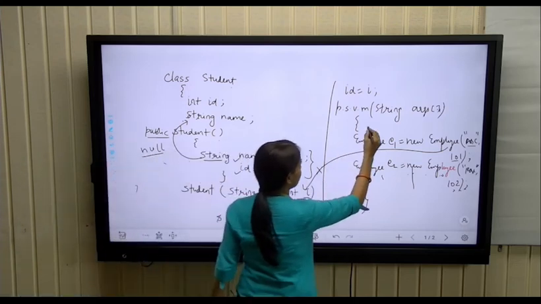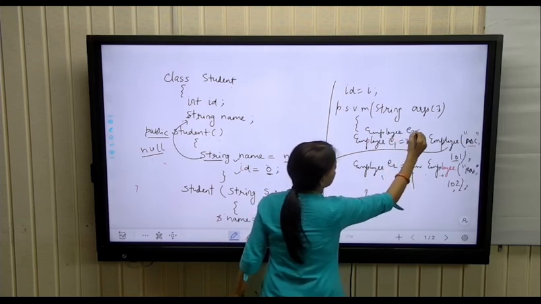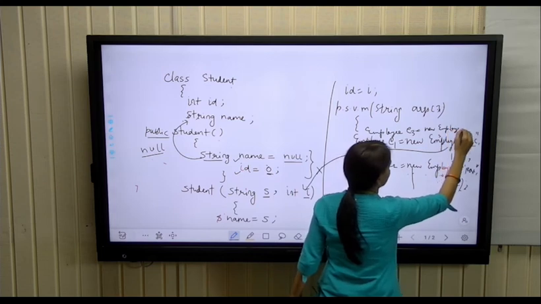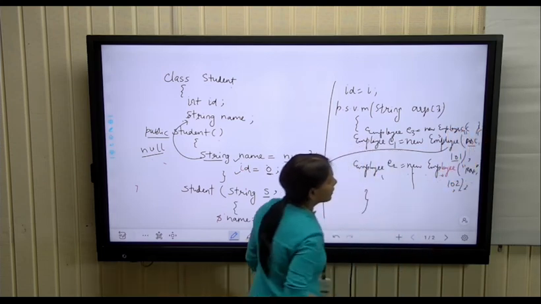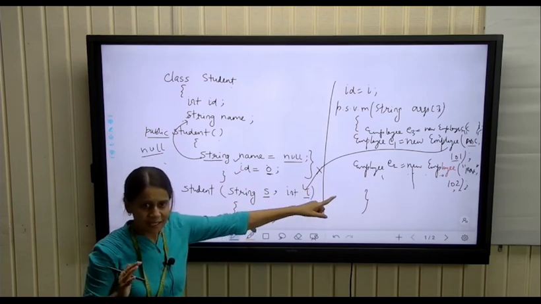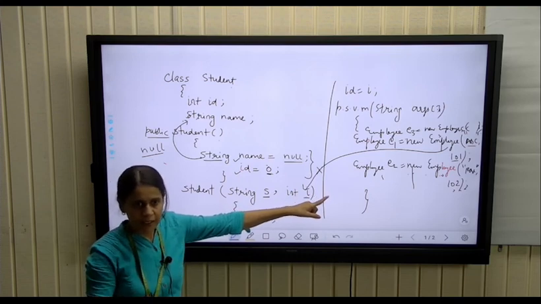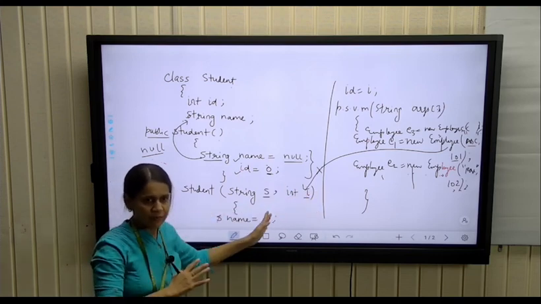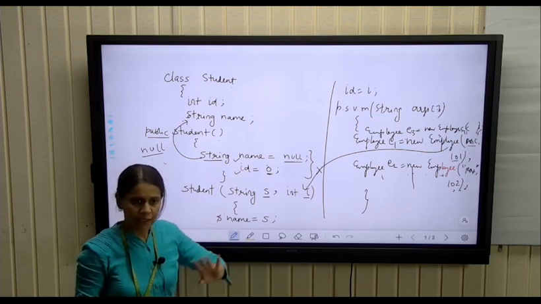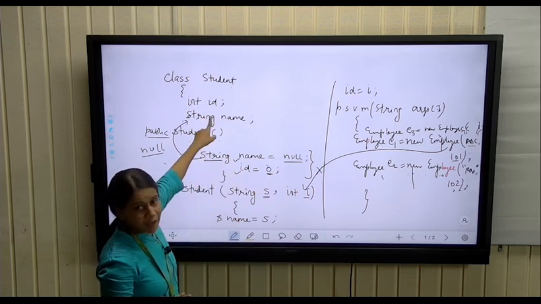If we call E3 new Employee, that E3 object will not have any parameters over there, right? It will call automatically, but the answer will be null or 0 for that particular object's properties that we are using here, that name and ID.